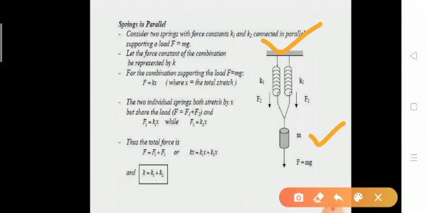What about the force? Here the force is divided between the two springs. Some force will be applied on spring 1 and the remaining force will be applied on spring 2.